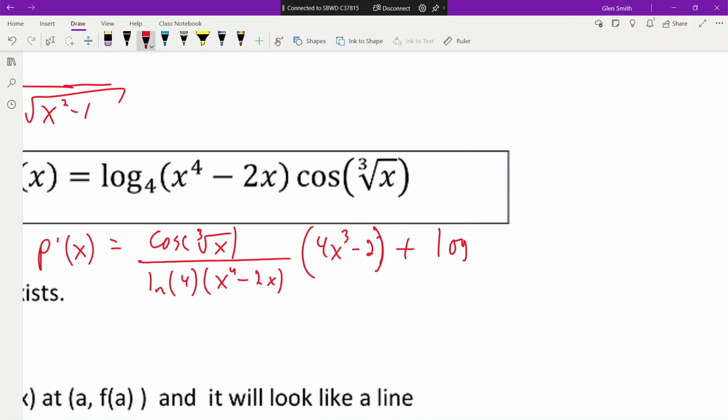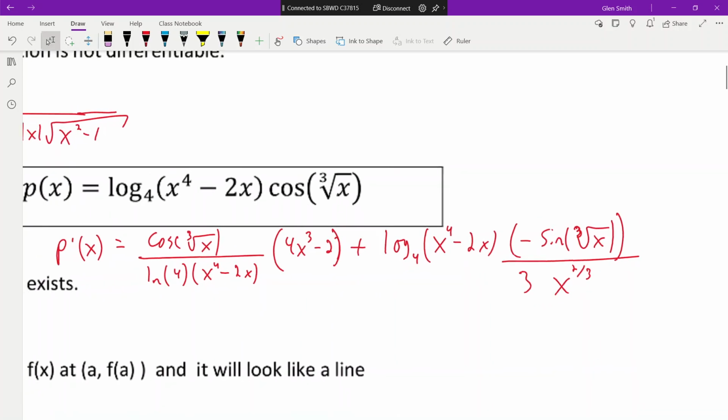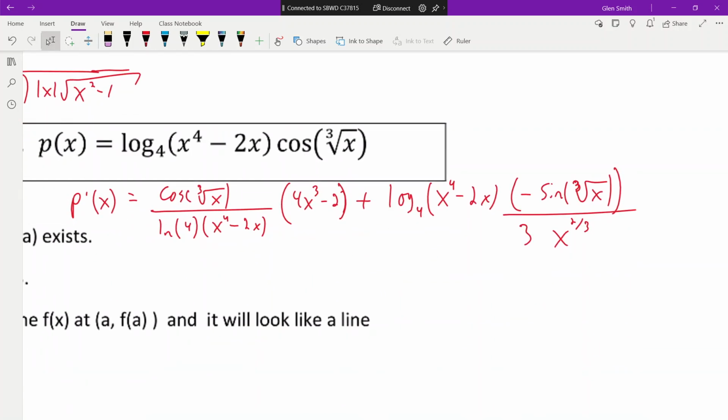Plus, leave the log alone. Derive cosine, but that's just negative sine of the cubed root of x times the derivative of cubed root x, which is 1/3 x to the negative 2/3. Feeling good?